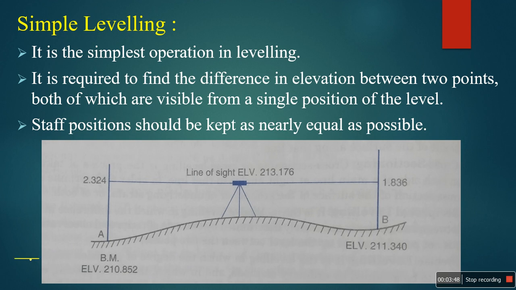From some reference point, from here to here it is 210.852 meters. Don't worry about this one. We must know the elevation of this benchmark, and in this diagram it is given as 210.852 meters. First you set up your instrument here, so you can easily see these two staff stations.